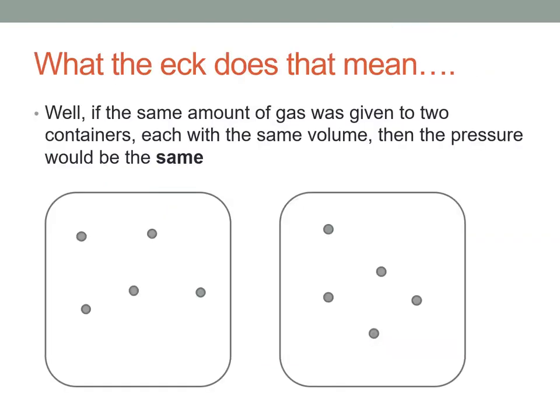So if we fill these two containers with the same amount of gas, we'd have the same pressure, right? So if you blew 2 balloons up with the same amount of gas, you'd have the same pressure. These gas molecules would be bouncing around and moving around, so we would have the same pressure in each one of these containers.